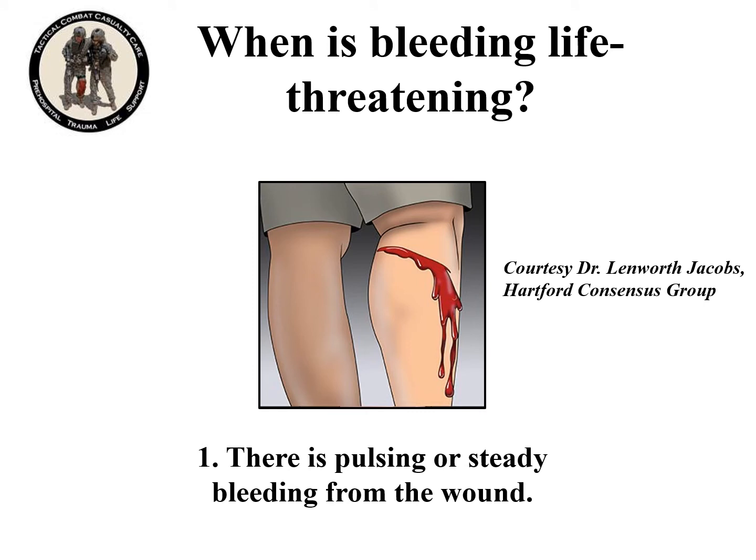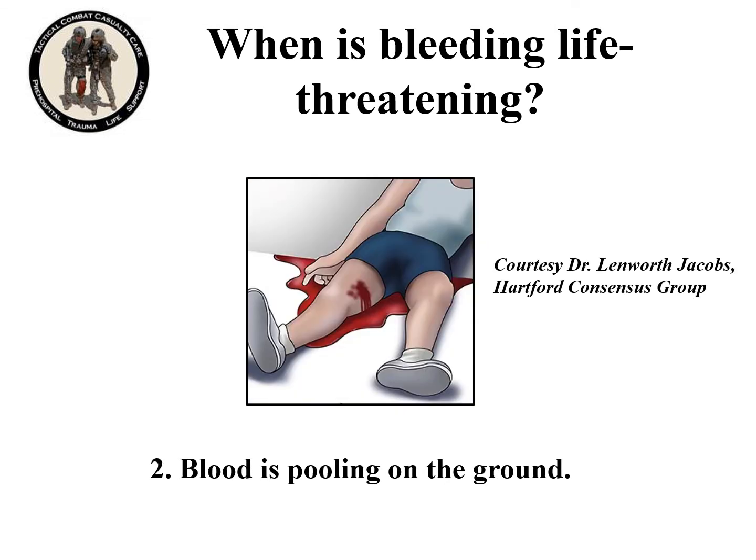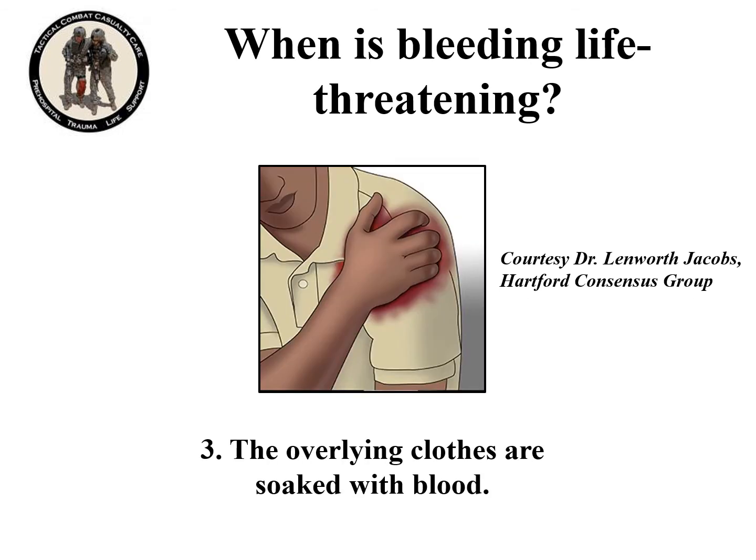How will we know if it is life-threatening bleeding or minor bleeding? So, when is bleeding life-threatening? First, there is pulsing or steady bleeding from the wound. Blood is pooling on the ground. The overlying clothes are soaked with blood.